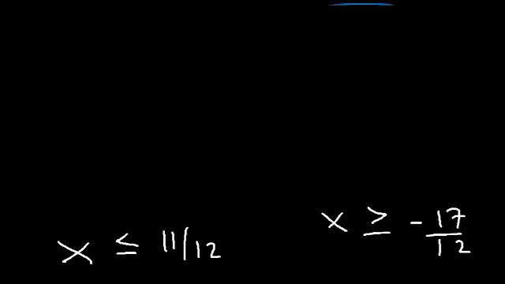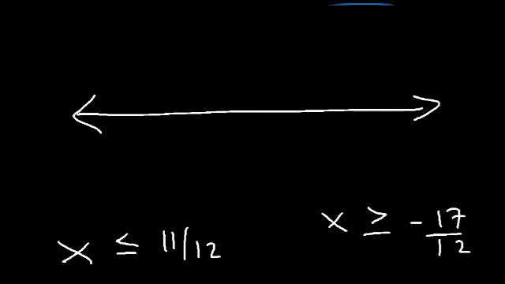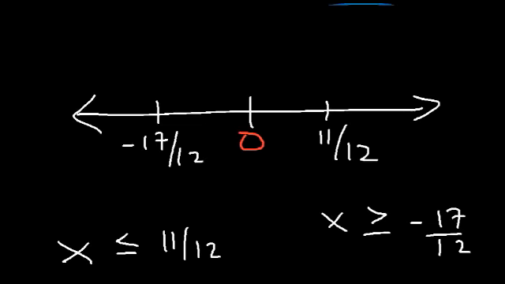So at this point, let's plot our solution on a number line. So let's put 0 in the middle. 11 over 12 is to the right of 0, and negative 17 over 12 is to the left. So x is greater than or equal to negative 17 over 12.